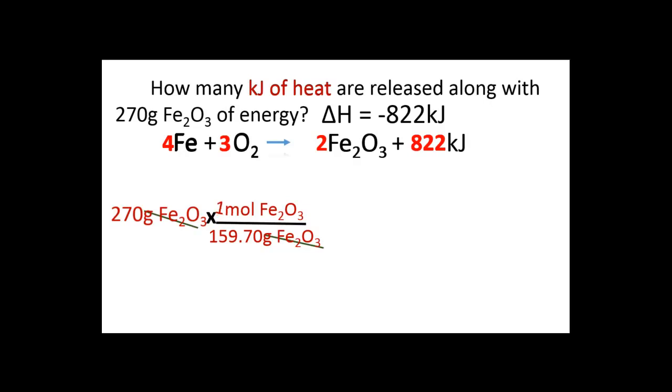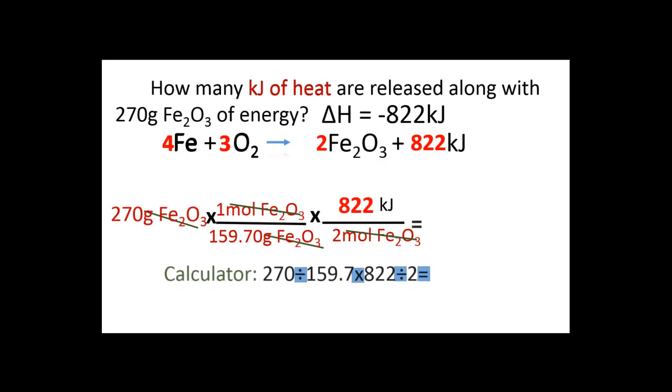Now that we have moles of iron 3 oxide, we can go ahead and access the kilojoule to mole ratio from our equation. In our equation, we have 2 moles of iron 3 oxide, and we have 822 kilojoules. Notice that moles of iron 3 oxide will factor out now, and we are left with the units kilojoules, which is what we wanted to find here.